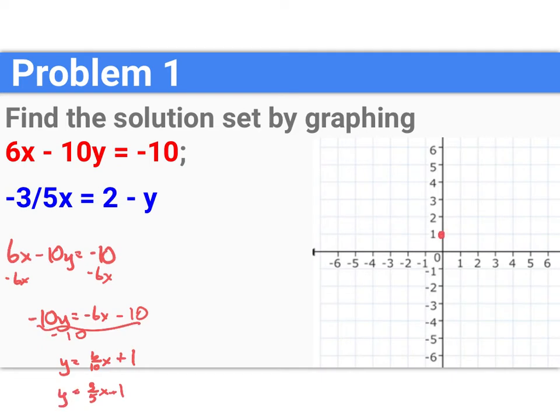We go up 3 and over 5. 1, 2, 3, 1, 2, 3, 4, 5. Down 3, 1, 2, 3, and 1, 2, 3, 4, 5. Plot some points. And we see that this line goes through like that.